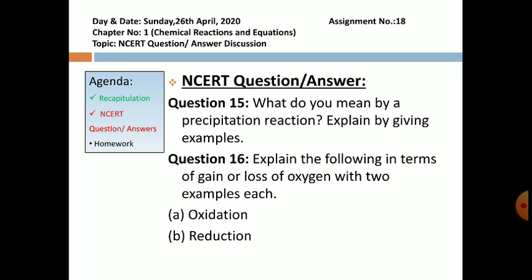Second example, 2Cu plus O2 gives 2CuO. Here, copper is gaining oxygen from oxygen gas and forming CuO.